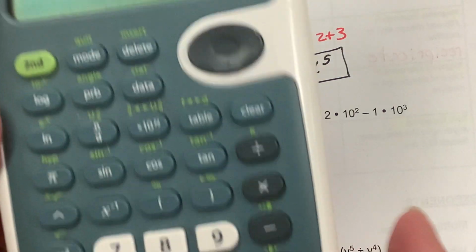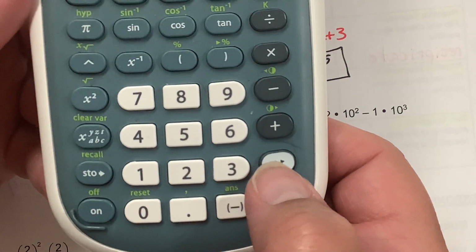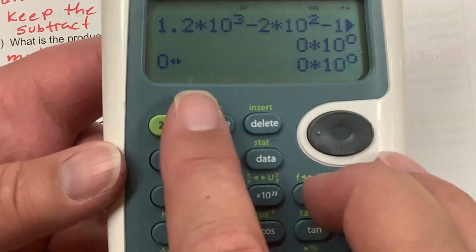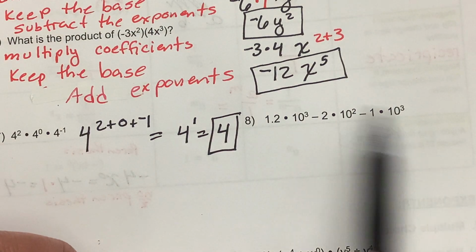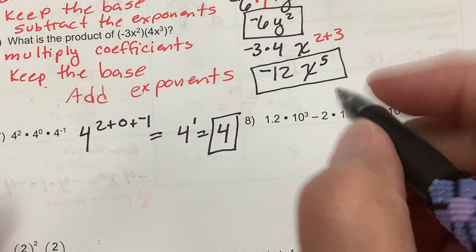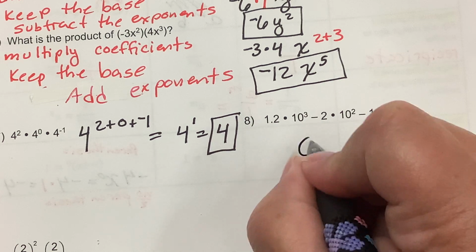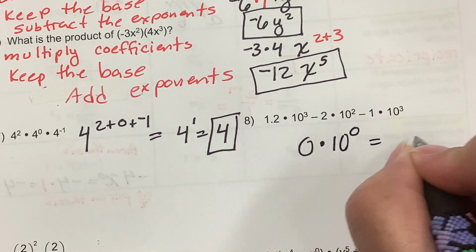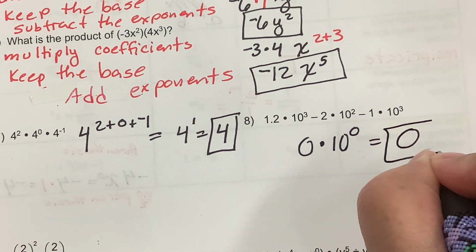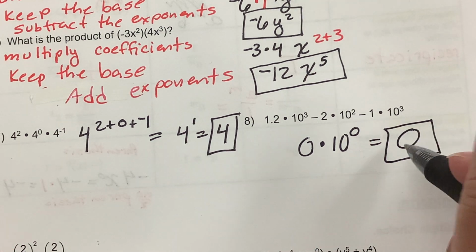That's ugly, isn't it? But I can hit this double arrow key, and look, it tells me the answer is just 0. So all this mess goes in the calculator, and you come up with this silly 0 times 10 to the 0 power, but that's really equal to just 0, and that's the answer I want.